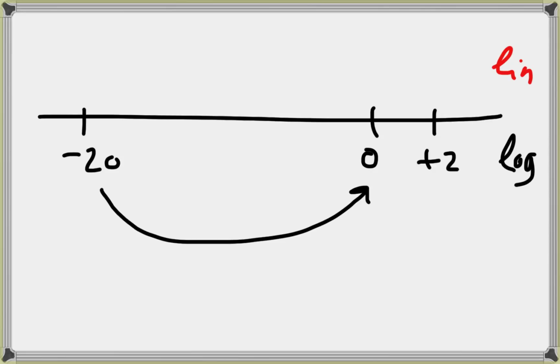Well, minus 20 is 1/10, and 0 on a linear scale becomes a 1. So if we want to add minus 20 dB and 0 dB, then we're adding 1/10 and 1 on a linear scale. So let's put that in a slightly better organized overview.